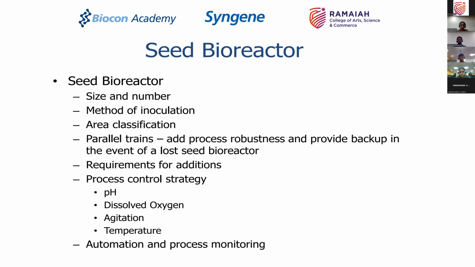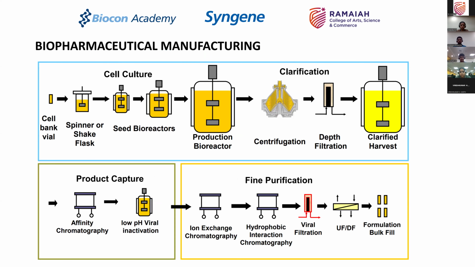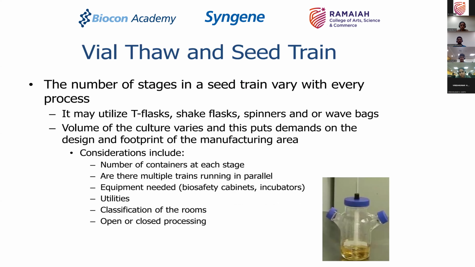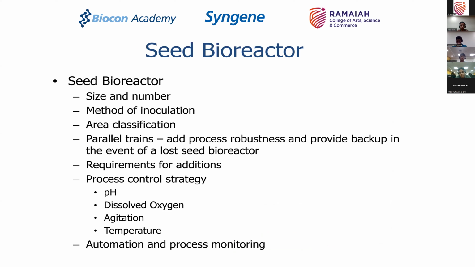Now, when you are doing this culture growth, you may need to add nutrients to the bioreactor while the growth is happening, because certain nutrients get exhausted fast, or you may need a certain nutrient after a certain cell density is achieved. So in that scenario, you need to consider what additions I need to do and how you are going to do those additions, because those also have to be sterile.